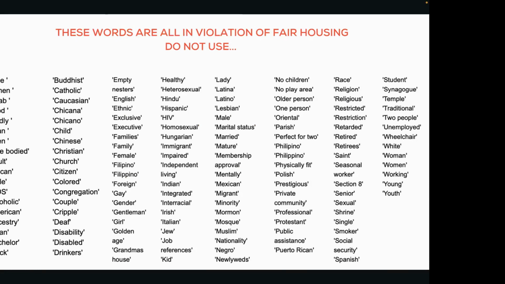If you're writing a cover letter to an agent to present an offer, or even in normal conversation, make sure that you're just being really careful around some of these words. These are words that are considered potential violations of the fair housing. And if any of these words get flagged in your marketing remarks, then your marketing remarks will be taken down immediately.